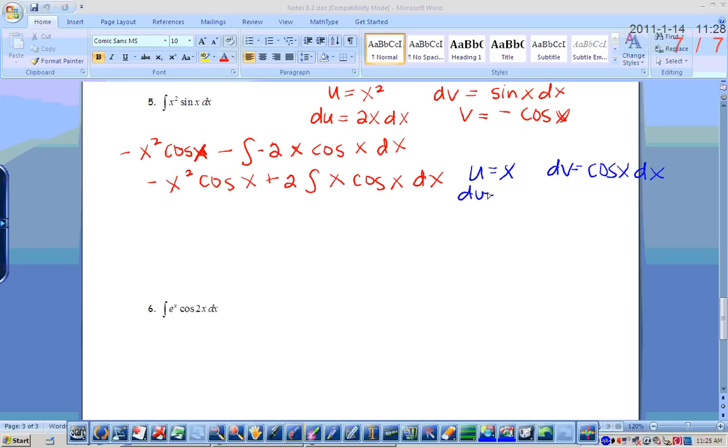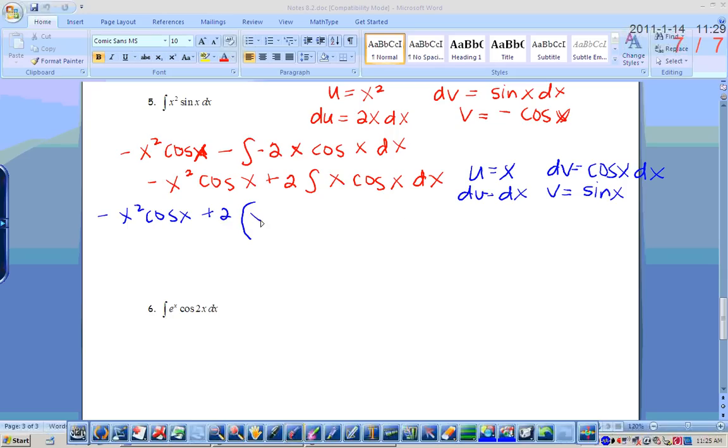Okay, so du is dx, and v is sine x. Okay, so this x cosine x is a whole new uv minus super voodoo, but it's multiplied times 2, so I need to put some parentheses there.